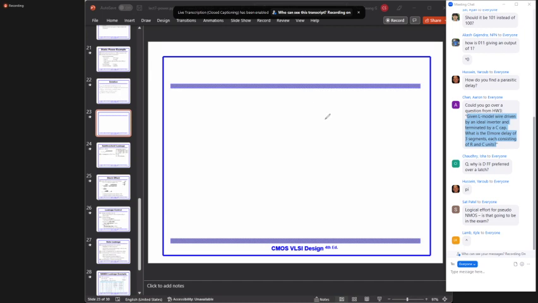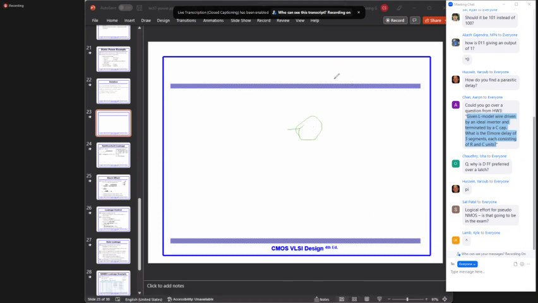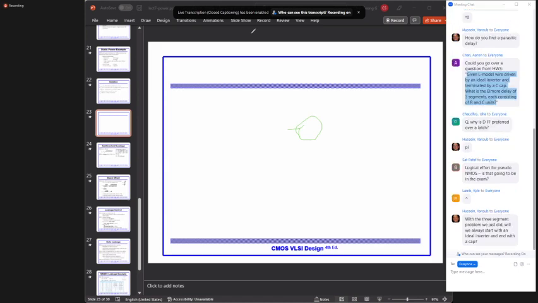For pseudo NMOS, your input's only going to the NMOS side, right? So you should be able to calculate that. And we're going to go with respect to an ideal inverter again, so divide everything by 3. But I don't think I want to put up a silly question like that.